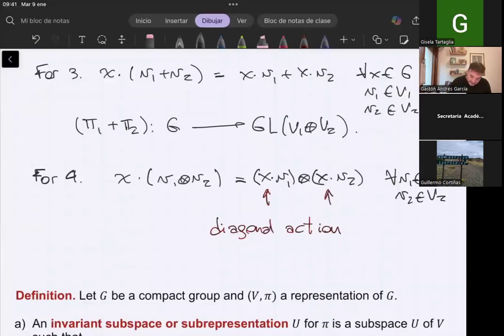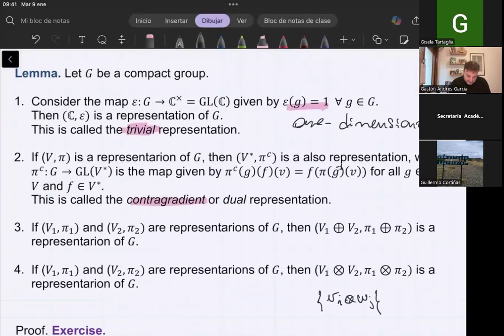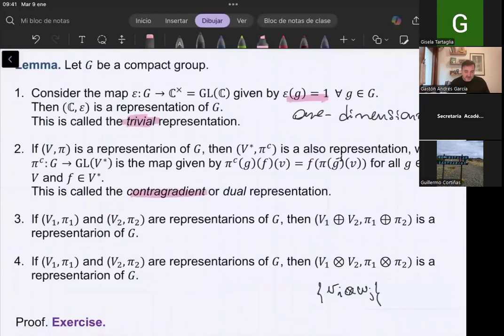So this is not a difficult proof to do. If you're interested, I recommend you do that because you start to understand how it works to have representations. So this lemma gives us a way of constructing new representations from some representations that we have.